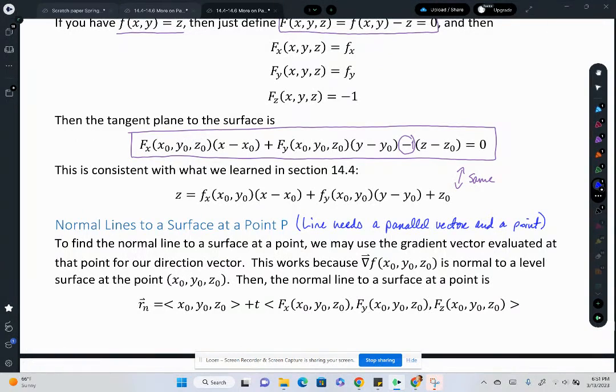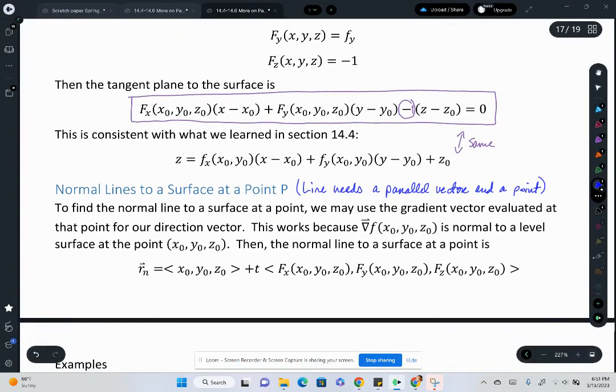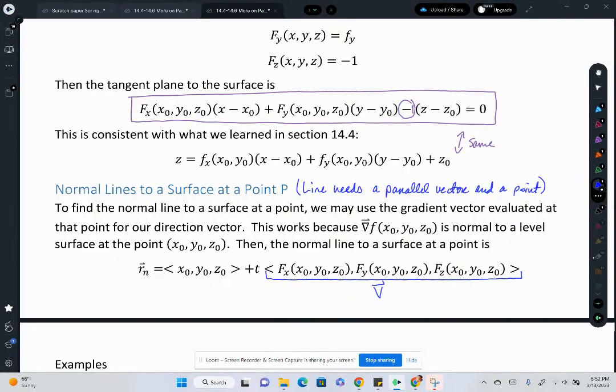So if the line is perpendicular to the surface and the gradient vector is perpendicular to the surface, then we should be able to use the gradient vector evaluated at the point as our direction vector v that we used before. So this normal line to a surface at a point is denoted by the r vector sub n, and that sub n is what tells us it's the normal line to a surface. And so it's just going to be r naught, where r naught is a point on the surface, plus t, don't forget the plus t in there, times a vector v, where the vector v is made of the first partials evaluated at the point.